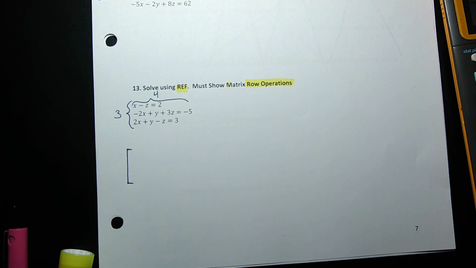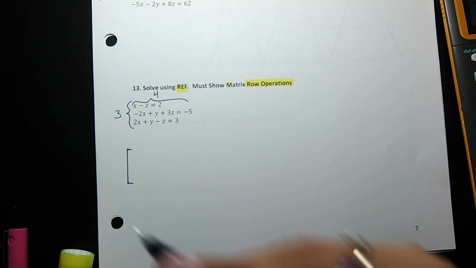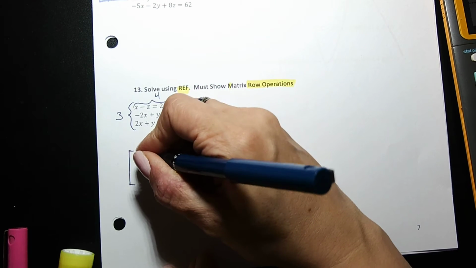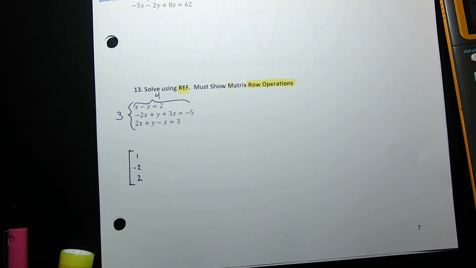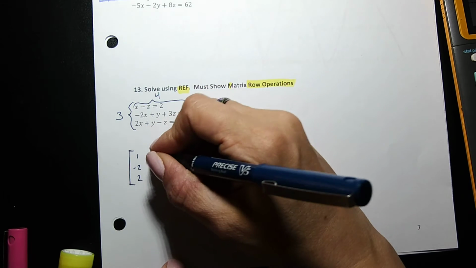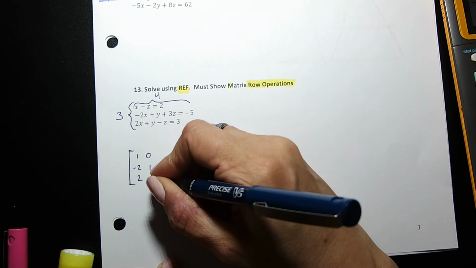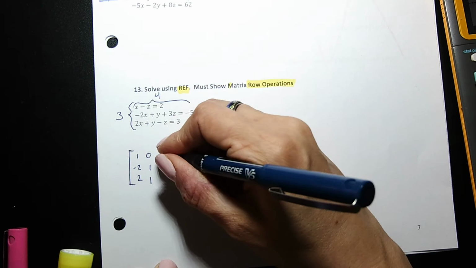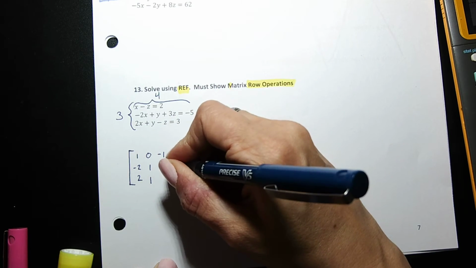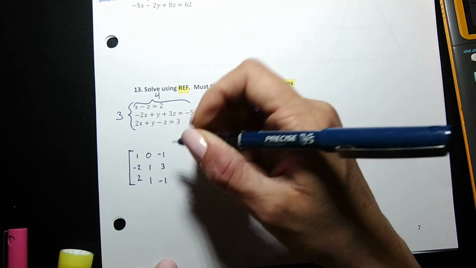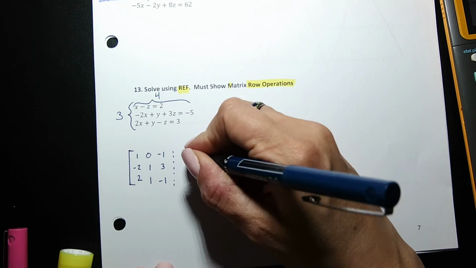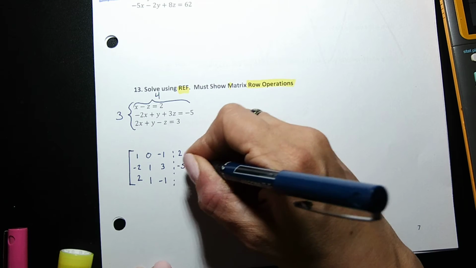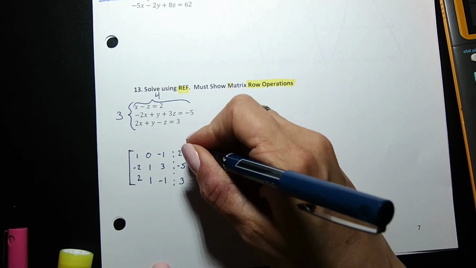And we are going to be putting in the coefficients of our variables. So the x column will have 1, -2, 2. What are we going to put in the y slot? 0. And then 1, 1. For the z, -1, 3, -1. You can do the little dash line to separate your constants if you wish. 2, -5, 3.